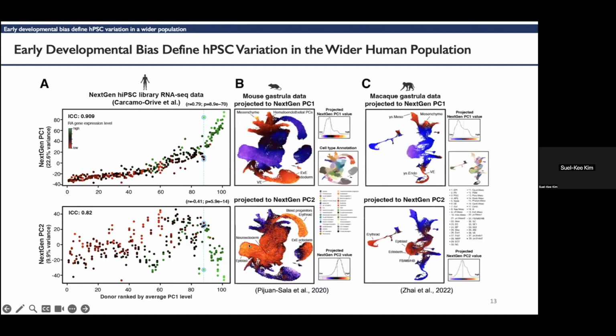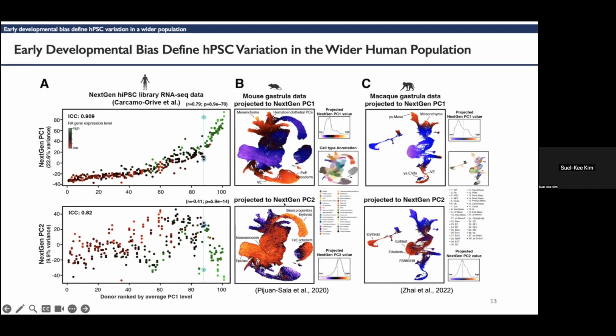Next, we projected mouse and macaque gastrula data into this PCA. And high PC1 values were associated with mesoderm and endoderm identity, shown in yellow to red here. And on the other hand, high PC2 values were associated with epiblast, primitive streak, and primitive erythroid identities.